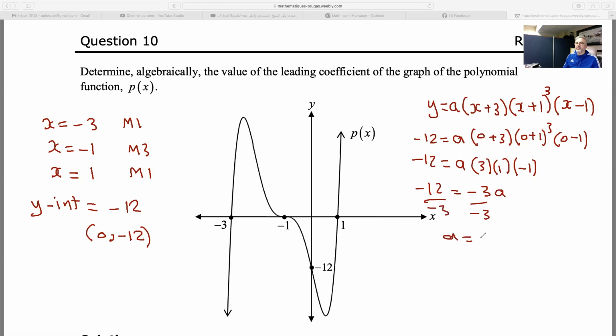Therefore, a equals 4. My answer is y equals 4, x plus 3, x plus 1 cubed, and x minus 1. That's your final answer right there for this one.